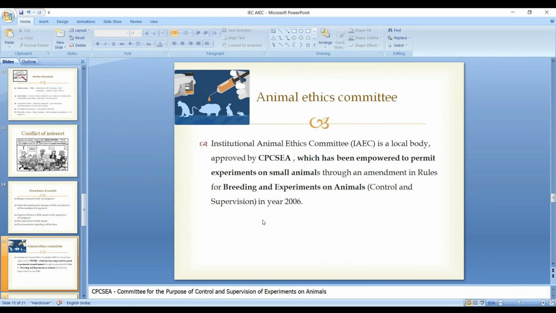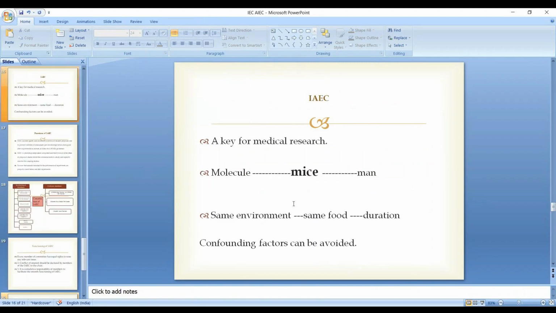Then animal ethics committee. Animal ethics committee, if you see, animals are a very important key factor in medical research. In Ayurveda, we do not have that much significance regarding this thing.